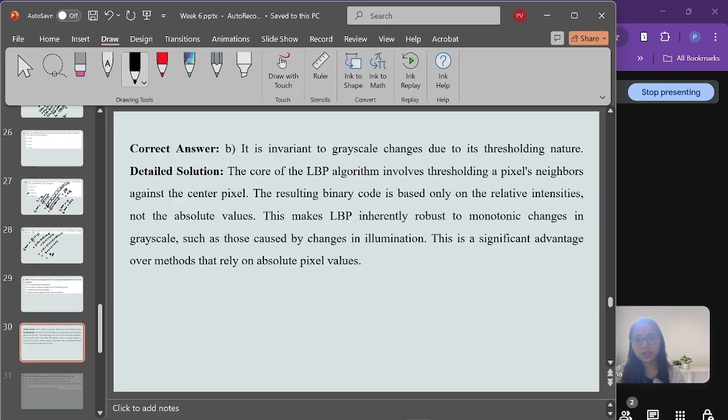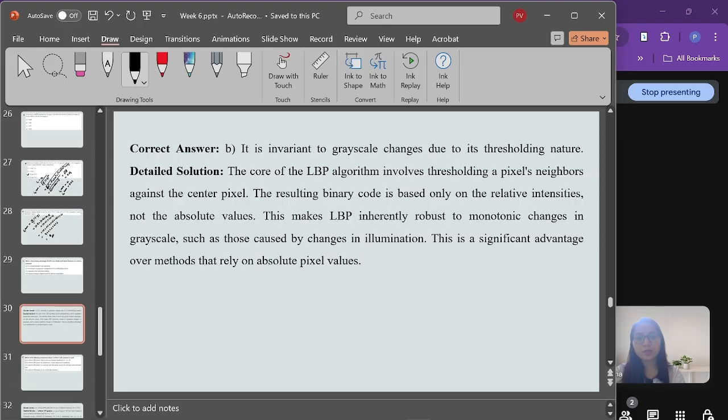Let's see the detailed solution. Option B is the correct answer. It is invariant to grayscale changes due to its thresholding nature. The core of the LBP algorithm involves thresholding a pixel's neighbors against the center pixel. We have already seen this in many questions. The resulting binary code is based only on the relative intensity, not on the absolute value.